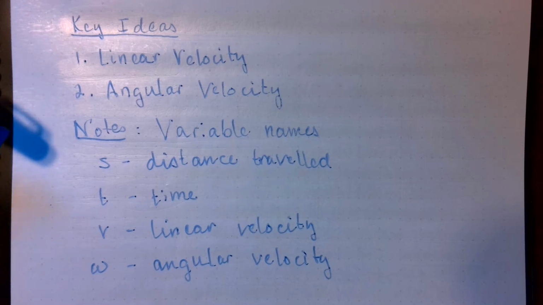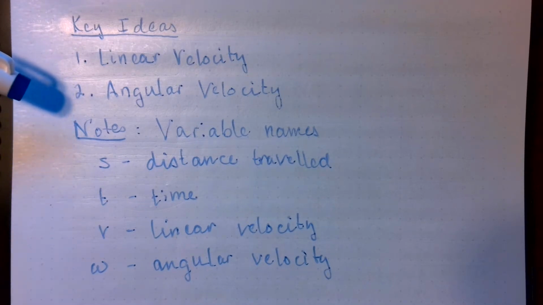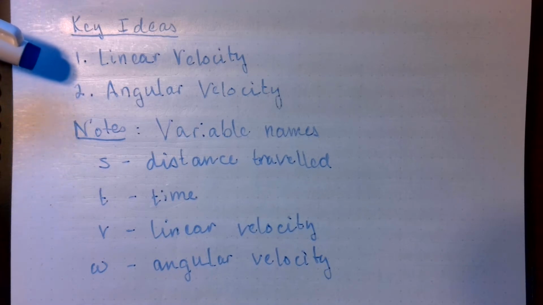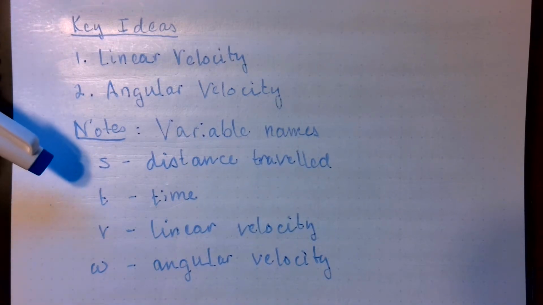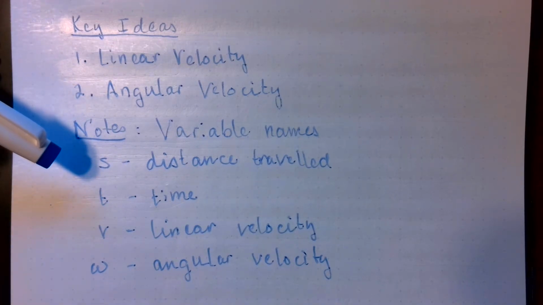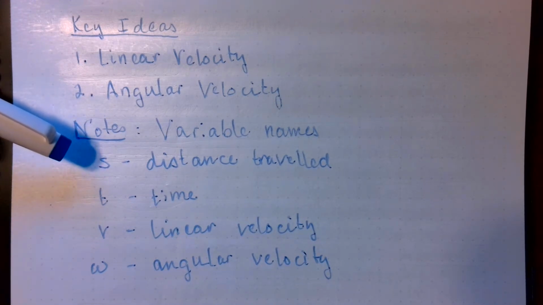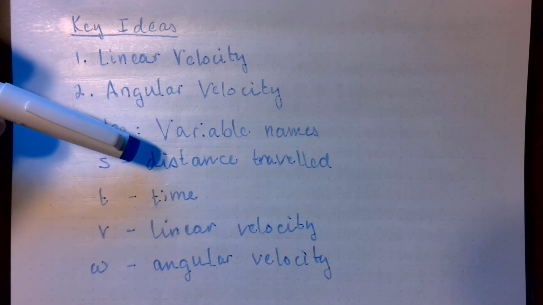So the key ideas for this video are the concepts of linear velocity and angular velocity. I would just like to make a note right here at the outset about some variable names. When you see the variable s, that's going to let us know we're talking about distance traveled.